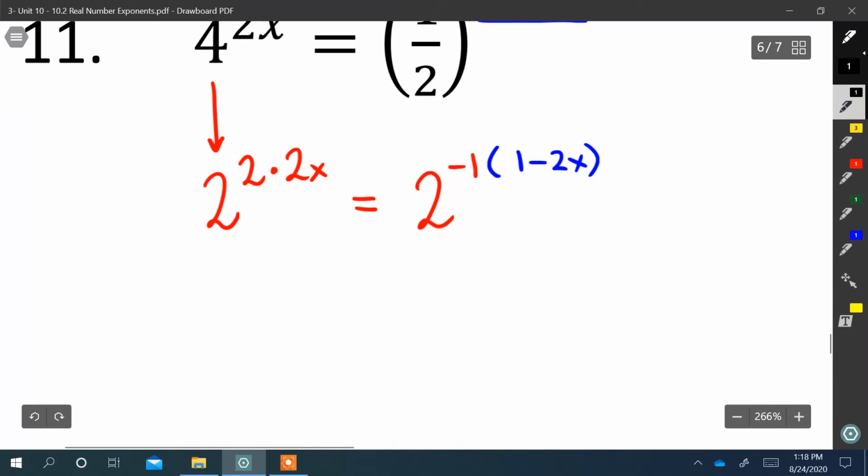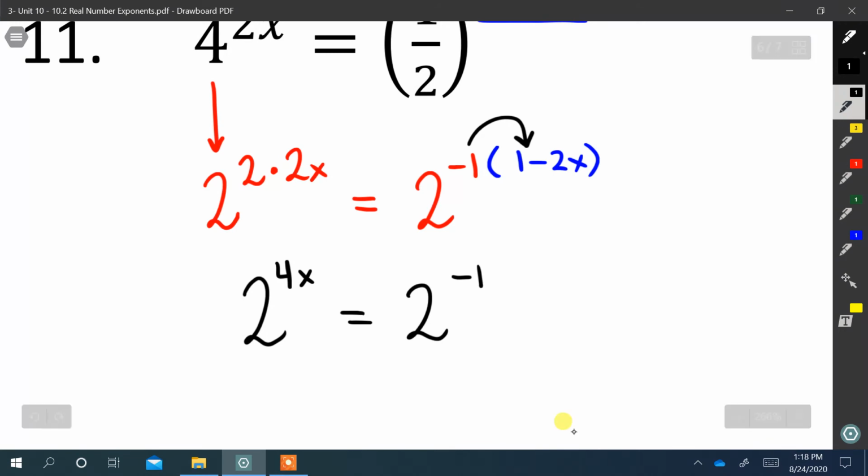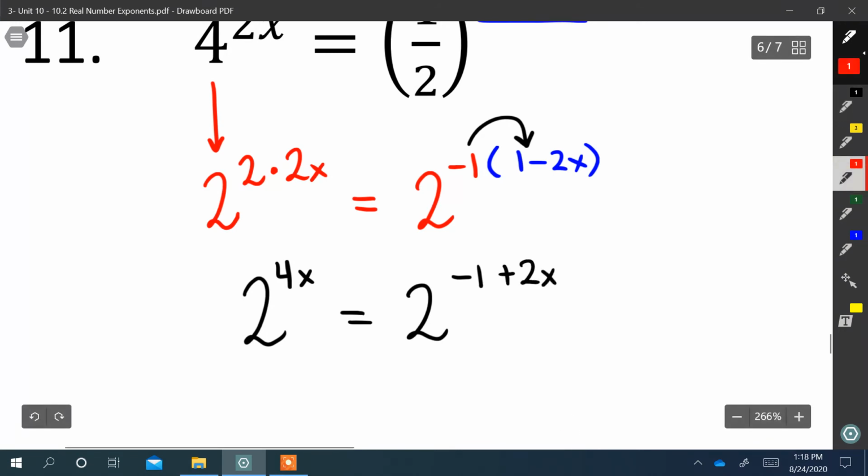Now as you can see, we now have the same base. Okay, so 2 times 2x here will give us 4x, and then I'm going to distribute that -1, and I'm going to get -1 plus 2x. As you can see, because we have the same base, this right here will equal this right here.